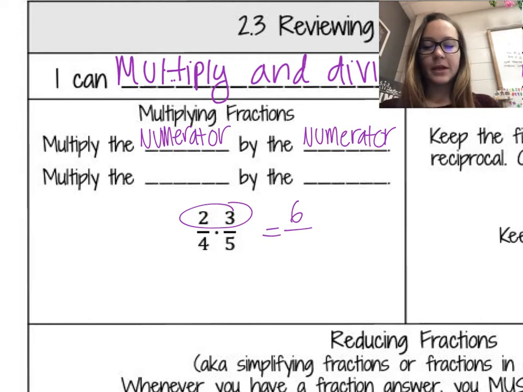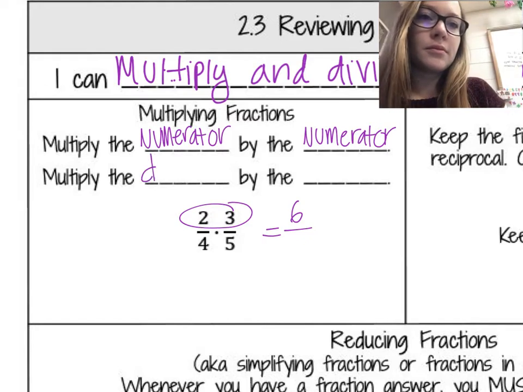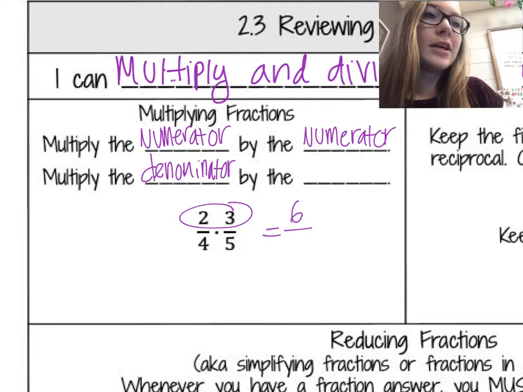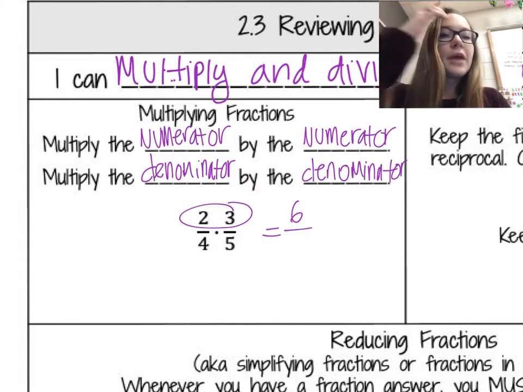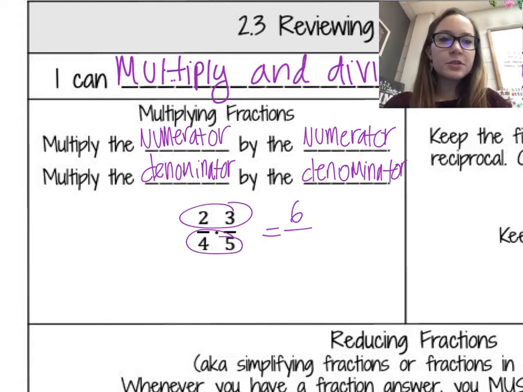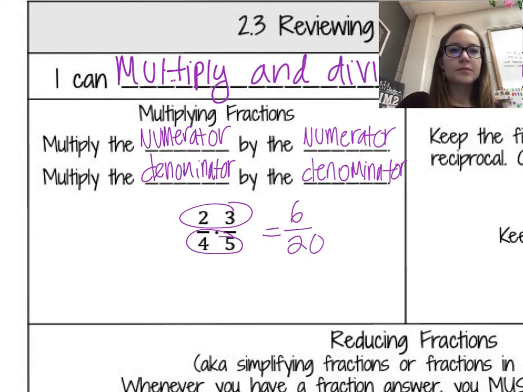Then we multiply the denominators together. So denominator times denominator. So that would be 4 times 5, which is 20. That's it. Top times top, bottom times bottom.